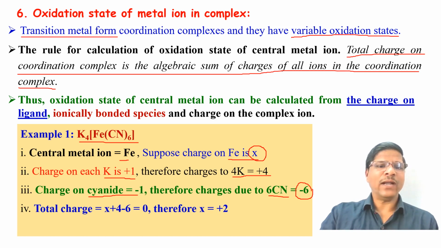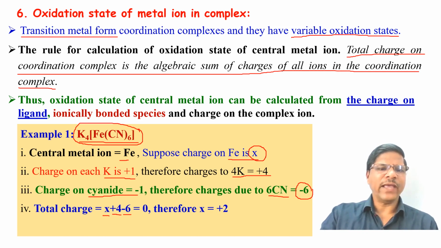Then we have to calculate the total charge. The charge on the iron is X, the charge due to 4 potassium is +4, and the charge due to 6 cyanide is -6. So we have to check the algebraic sum. K4[Fe(CN)6] is a neutral compound, so X + 4 - 6 is 0.